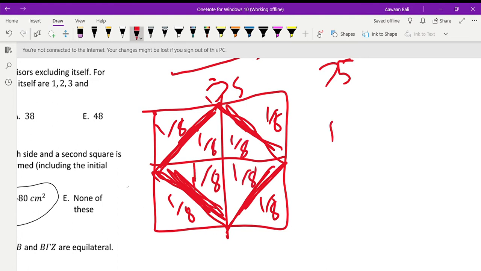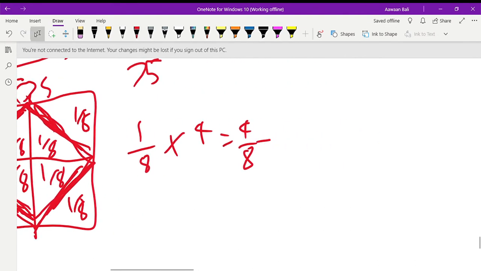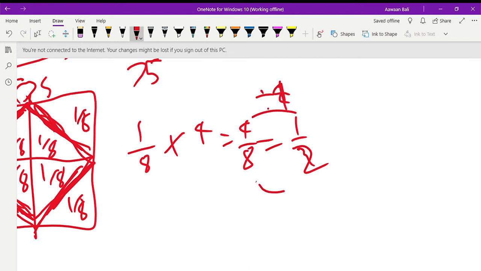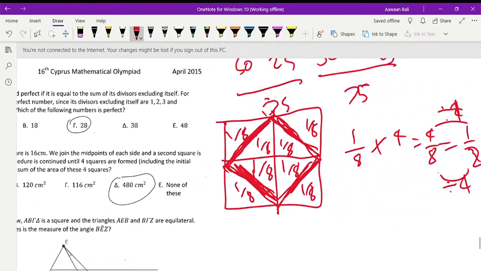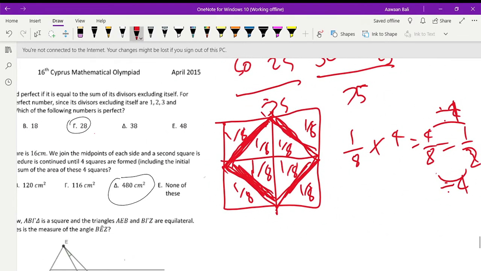If you do 1 upon 8 times 4, that's 4 upon 8. So this square is 4 upon 8 of the whole square. And guess what 4 upon 8 simplifies into? If you divide both by 4, you get a half. See? So that means this square is half of the area of the one before.